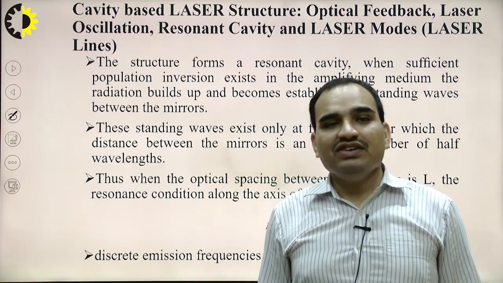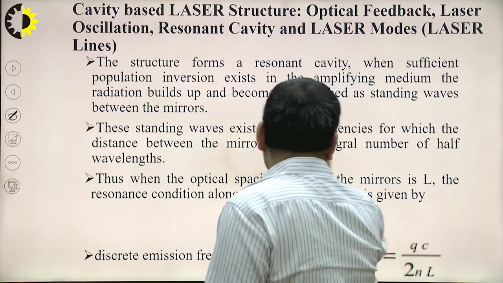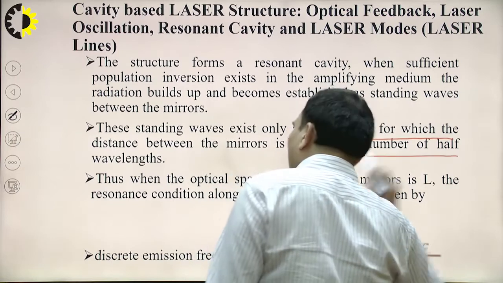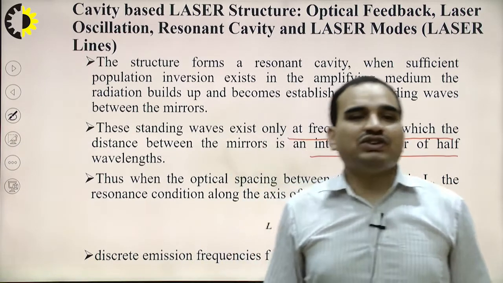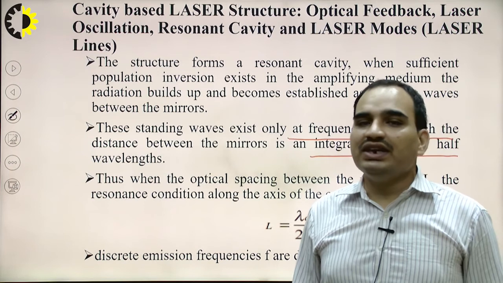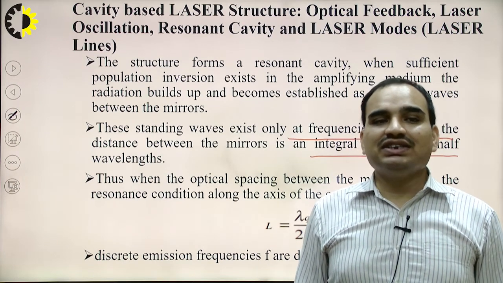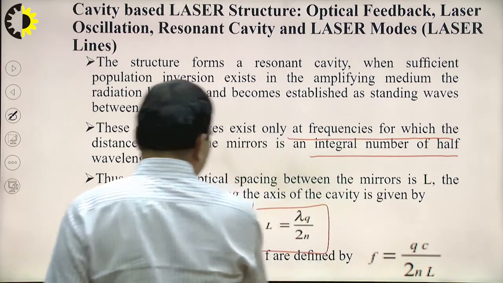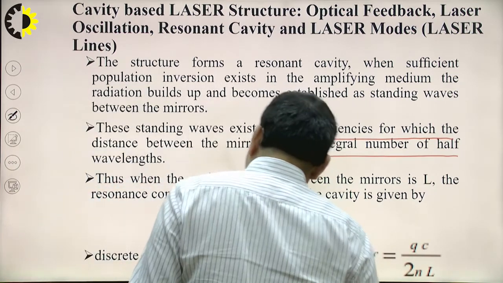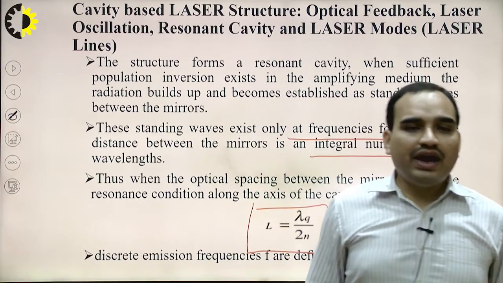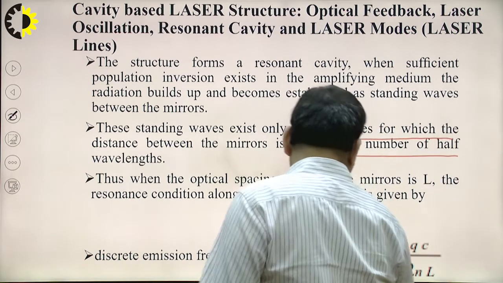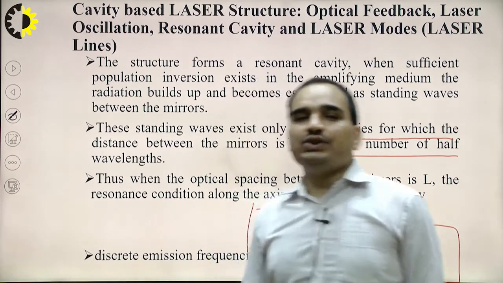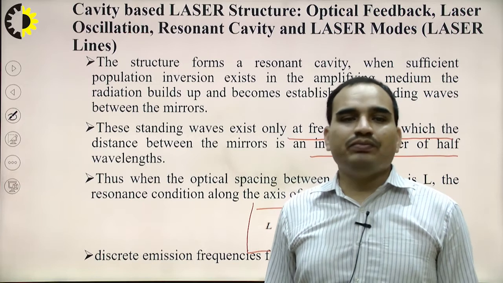These standing waves exist at the frequencies for which the distance between the mirrors is an integral number of half wavelengths. Thus, for an optical spacing between the mirrors of capital L, the resonance condition along the axis of the cavity is given by L = qλ/2n. The discrete emission frequency f is defined by f = qc/2nL.